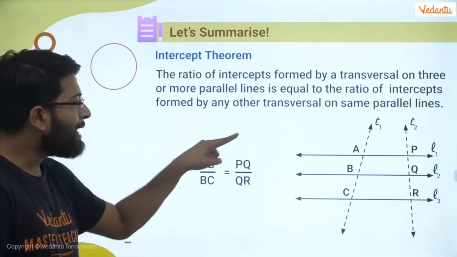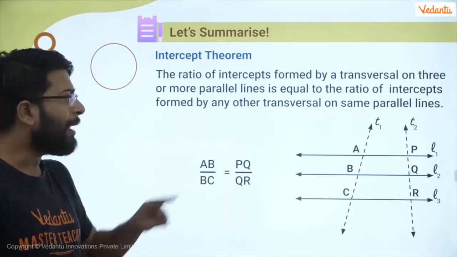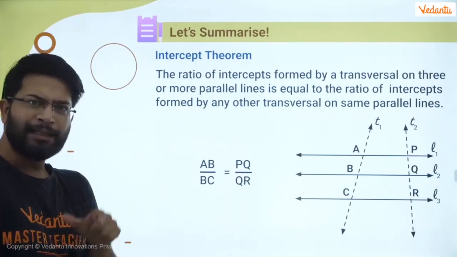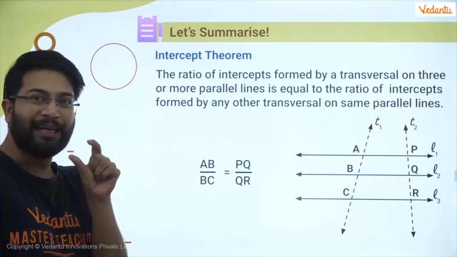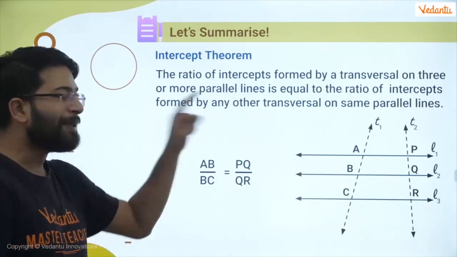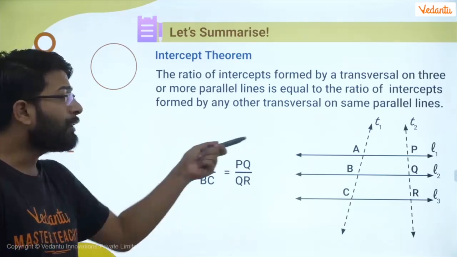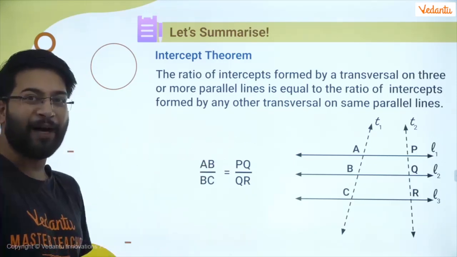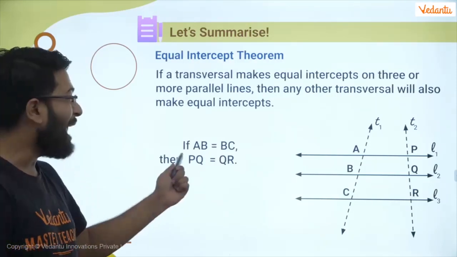Then AB upon BC, the ratio of intercepts formed by the T1 transversal line, is equal to PQ upon QR, the ratio of intercepts formed by the T2 transversal line. And then we have seen that if both the intercepts AB and BC are equal, then PQ and QR will also be equal, champ. I hope it is clear to you.